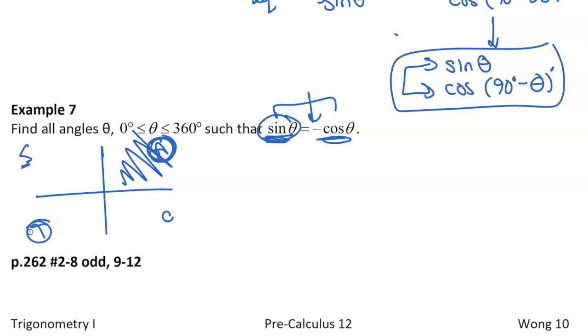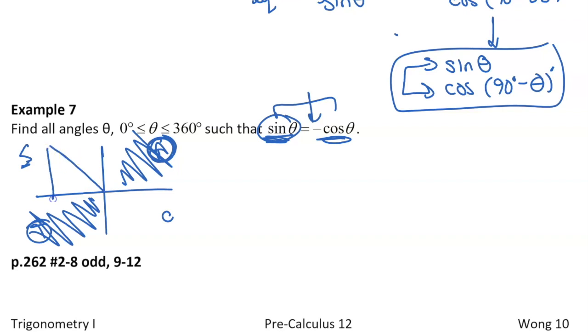And if we take a look at tan right there, both sine and cosine are going to be negative there, so they're not going to be opposites there either. So we're going to have a solution in quadrant 2 and quadrant 4. And this is kind of a strange example.